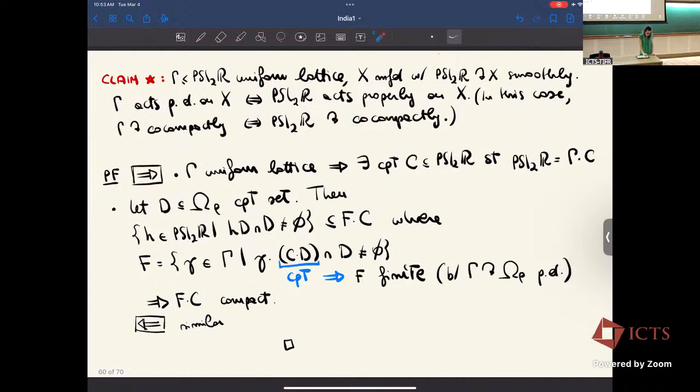And this is the claim that I was making: whenever you have a uniform lattice and a manifold with a smooth action, then you have a properly discontinuous action of the lattice if and only if you have the full group acting properly. And once you are in that context, the first action is co-compact if and only if the second action is co-compact.